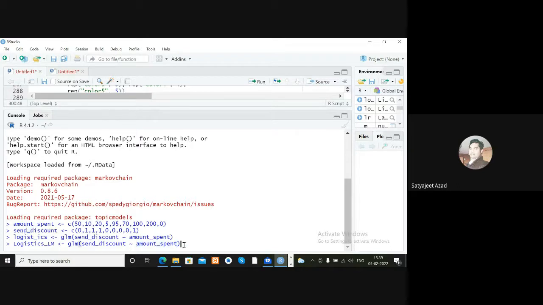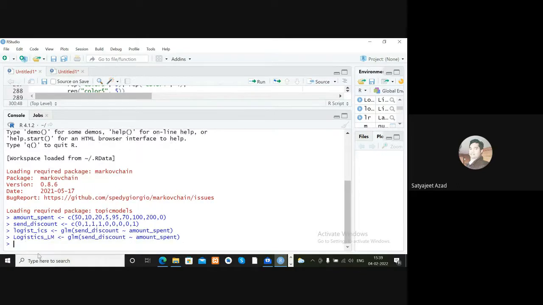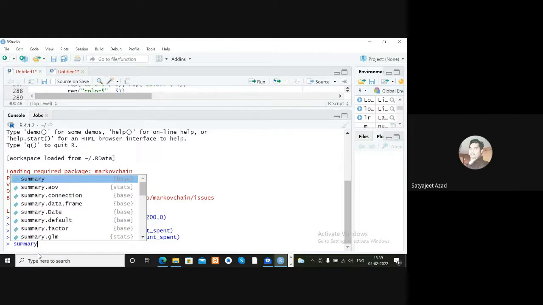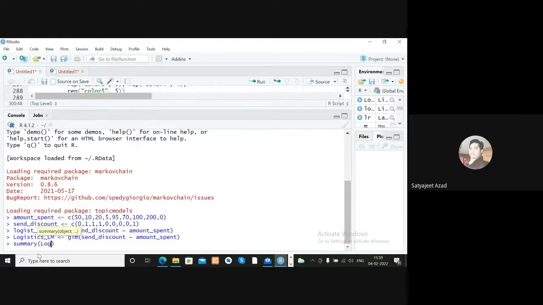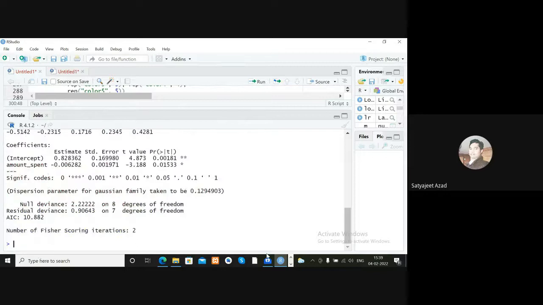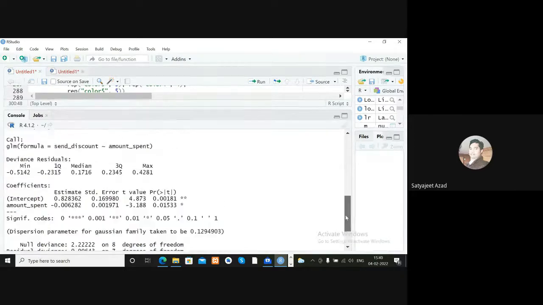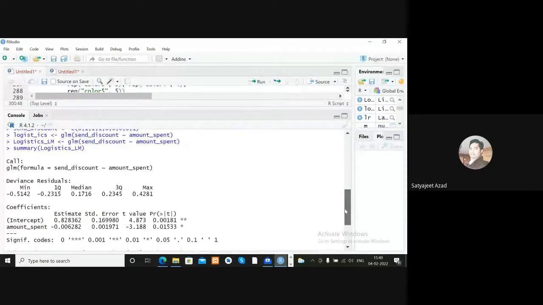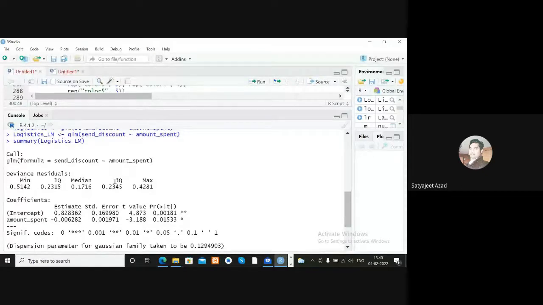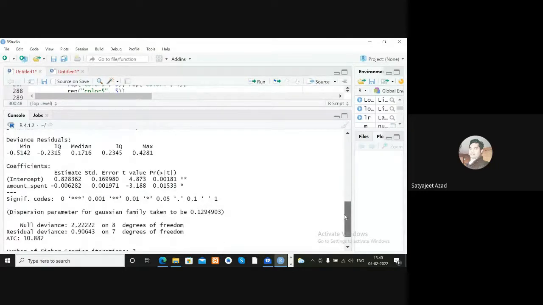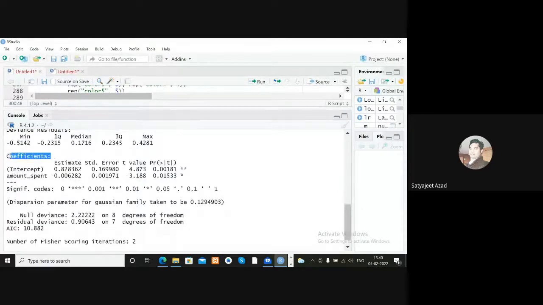So once you run it, there is also a command called summary. We put in this logistic.lm, and once you run this command, it will give you some summary stats. If you see, this is the typical formula we applied here, and they have also given us some coefficients.